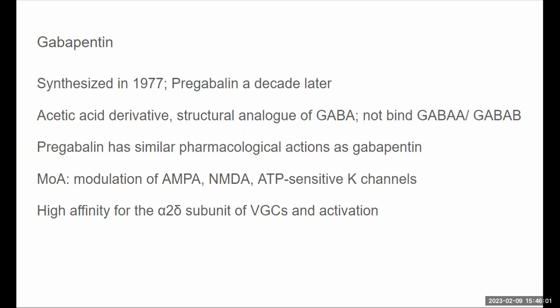It's a structural analog of GABA, but it doesn't bind to the GABA receptor A or B. So the pharmacological properties are similar between the two of them. They modulate AMPA, NMDA receptors, and ATP receptors, but most famously, they have high affinity for the alpha-2 delta subunit of calcium channels.